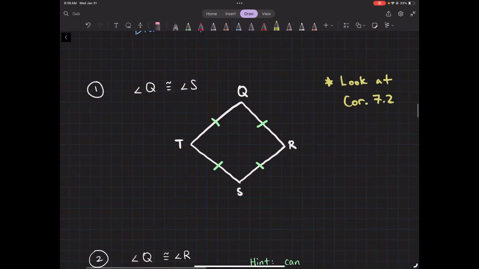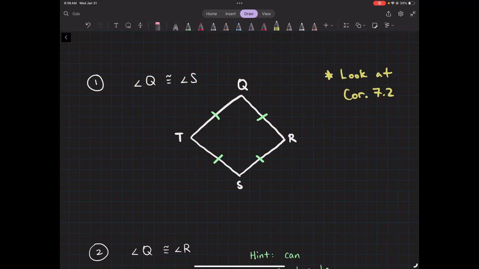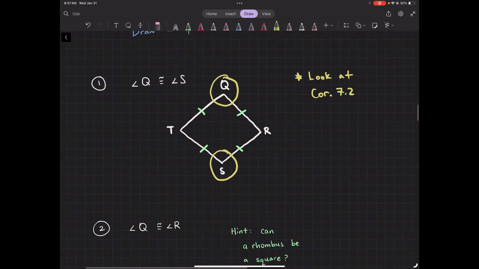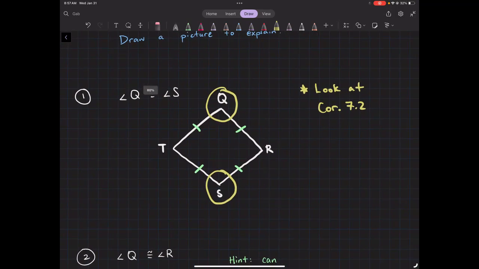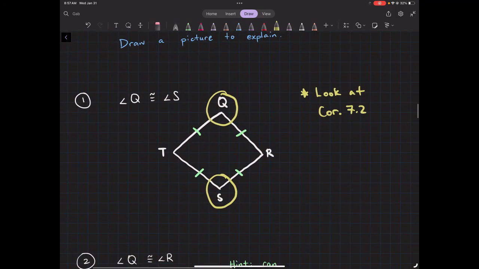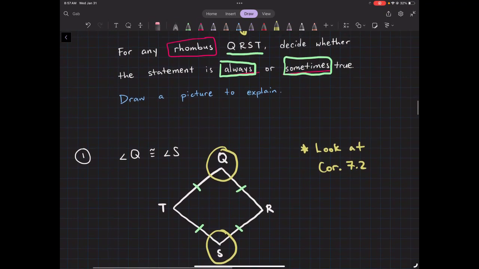Okay, right here it says, is angle Q going to be congruent to angle S? And your response should be yes.